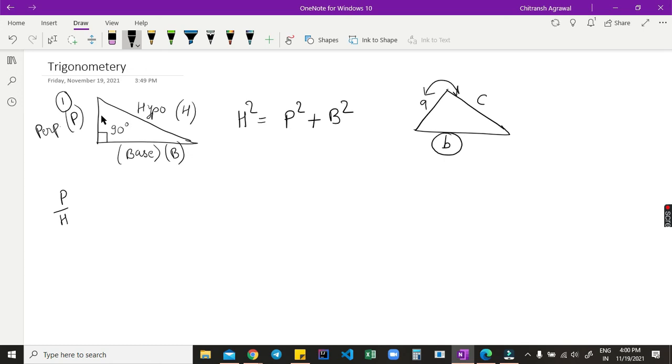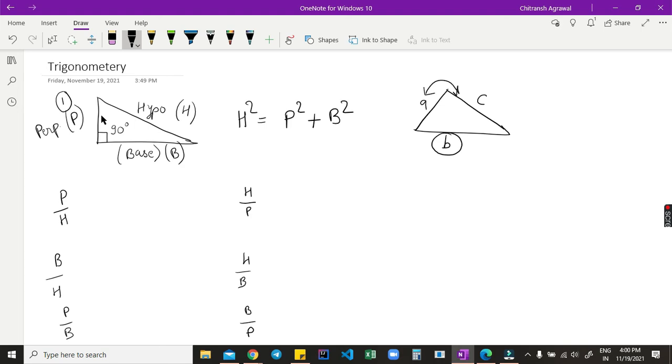Another ratio which we can take is base upon hypotenuse. Another ratio which we can take is perpendicular upon base. So these are three ratios, and we can also invert these ratios and find new ratios, like h upon p, h upon b, and b upon p.